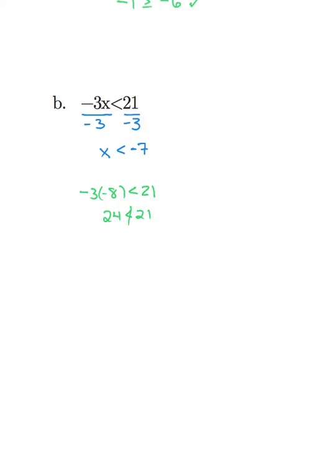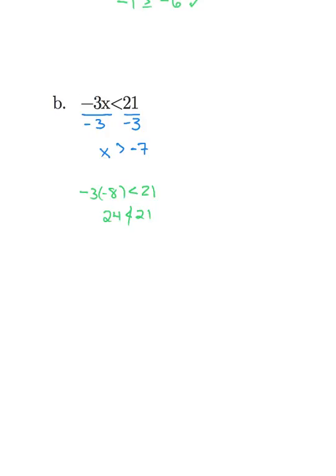Our problem is that we used the incorrect inequality. Here, since we divided by a negative number, remember that you do have to flip your inequality. So my solution is actually x is greater than -7.